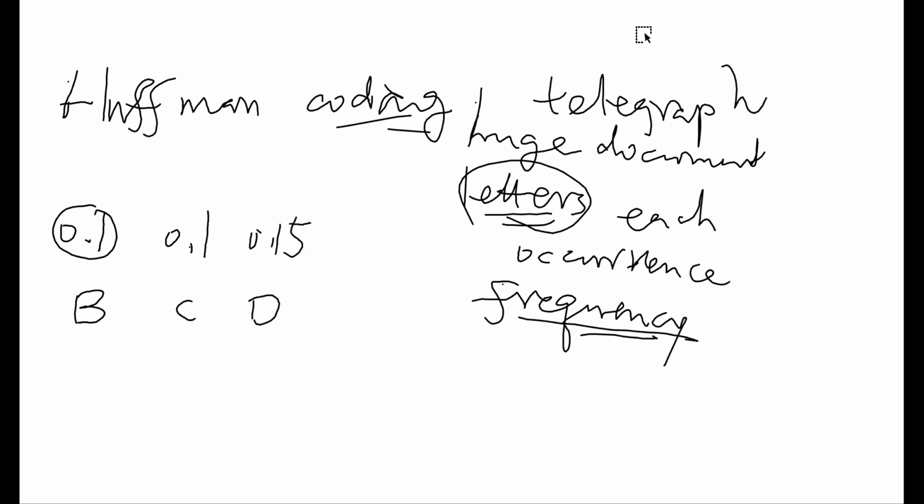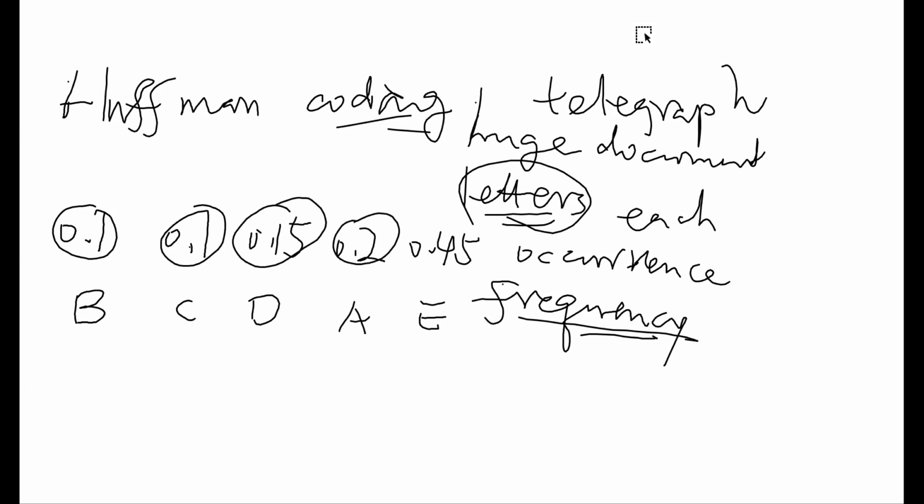Letter A is 0.2. And letter E, its frequency is 0.45. All of those numbers are just the frequency of each letter occurring in some document.